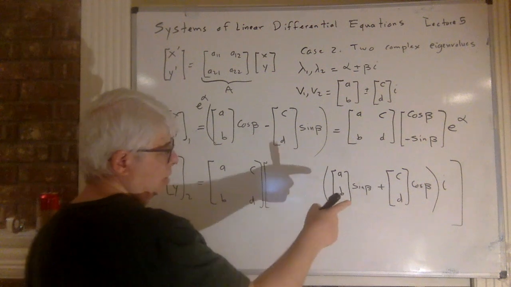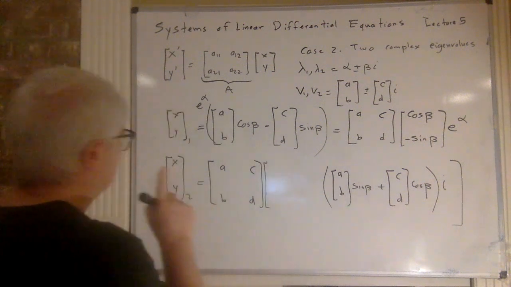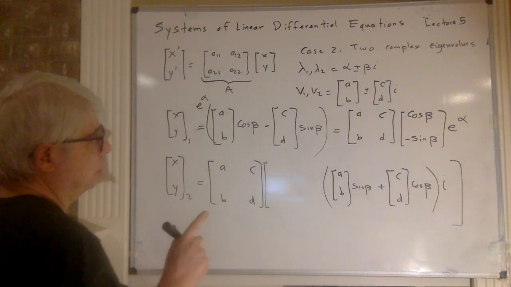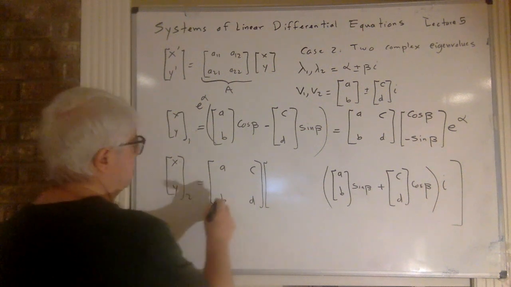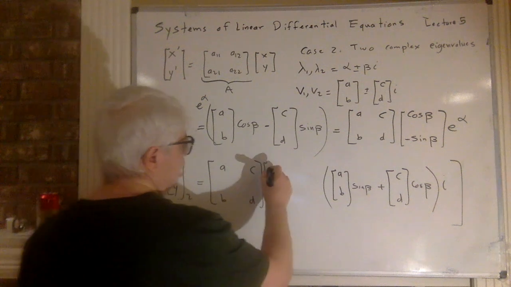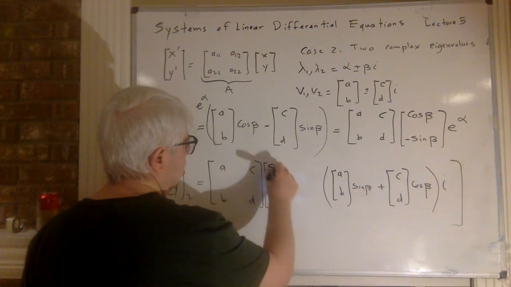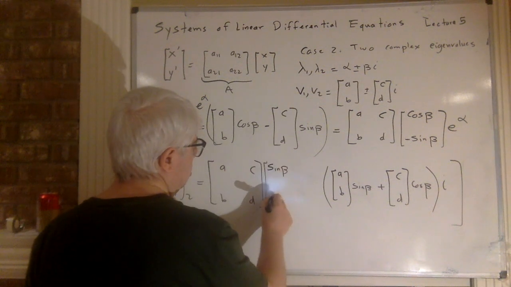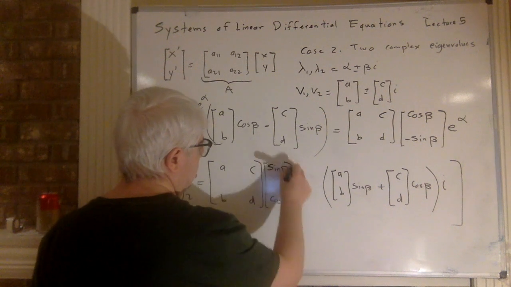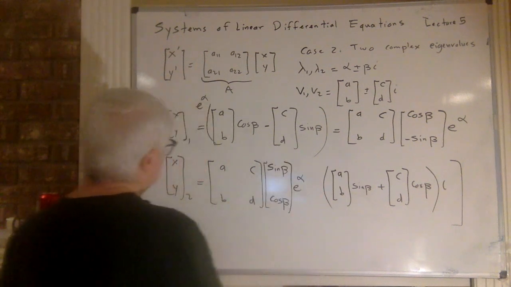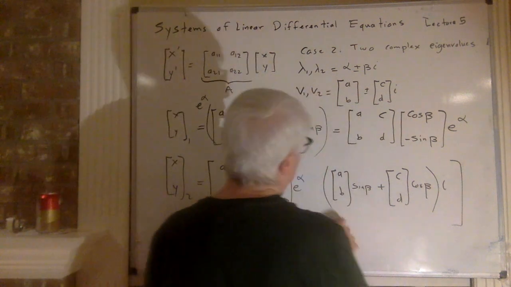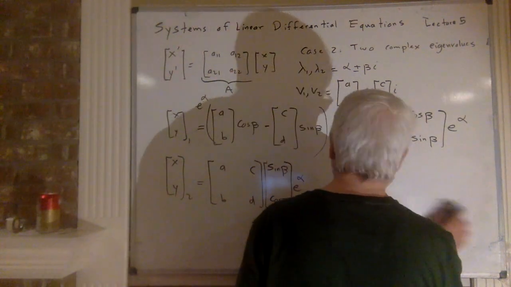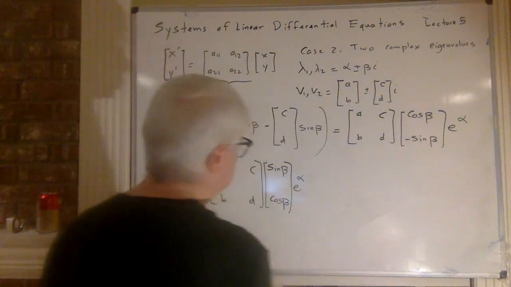If I forgot the e to the power alpha, please write it, and don't forget the e to the power alpha anyway. So this will be this thing times sine beta and cosine beta and times e to the power alpha. Okay, so the two solutions are these two.